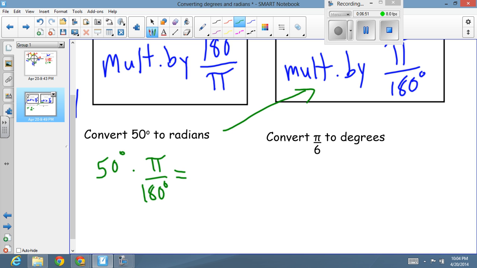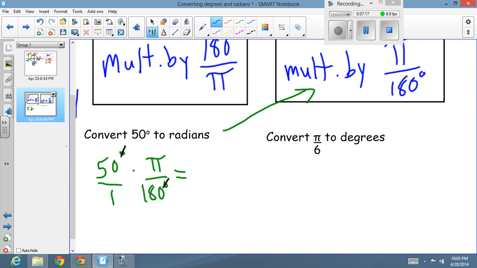Now, if you're saying to yourself, I'm never going to be able to remember which one I use, whether it's 180 degrees over pi or pi over 180 degrees, here's the thing. Remember that when you multiply, you can cancel anything from the numerator with anything from the denominator. In this case, one of the things we are canceling is this degree.